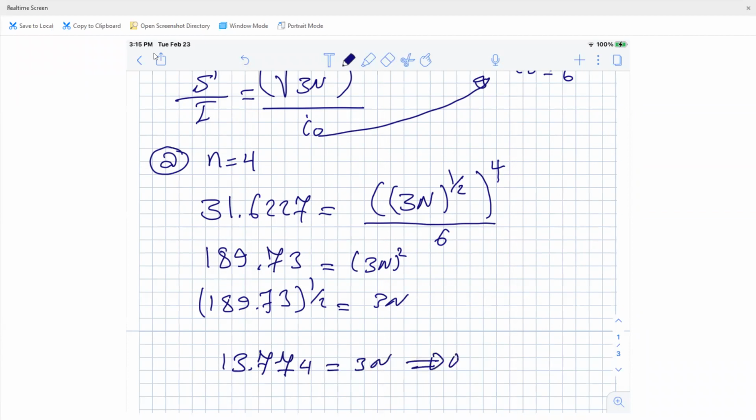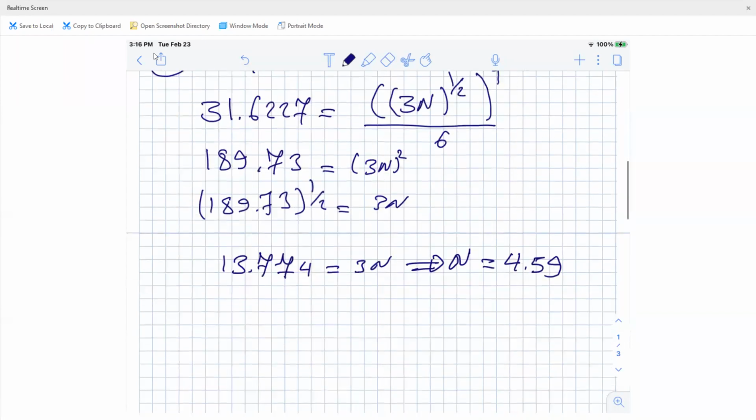This means that n equals 4.59. According to the numerical calculation, n capital equals 4.59.